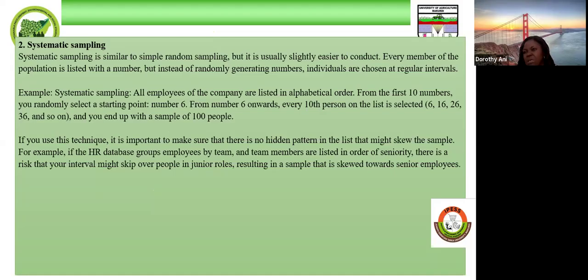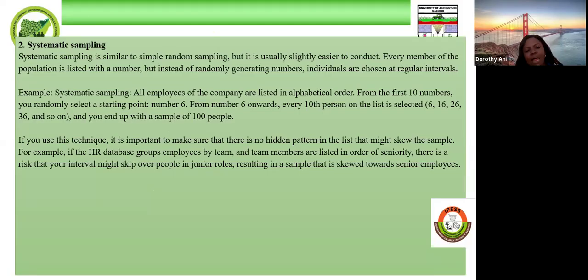Because if there are 7 and you listed the first 7, and I'm taking number 6, the number 16 that I'll choose will be a man, number 26 I'll choose will be a man, like that. So by this you have skewed the sample. You didn't allow it to flow naturally. So don't put a pattern in the list that you are preparing.